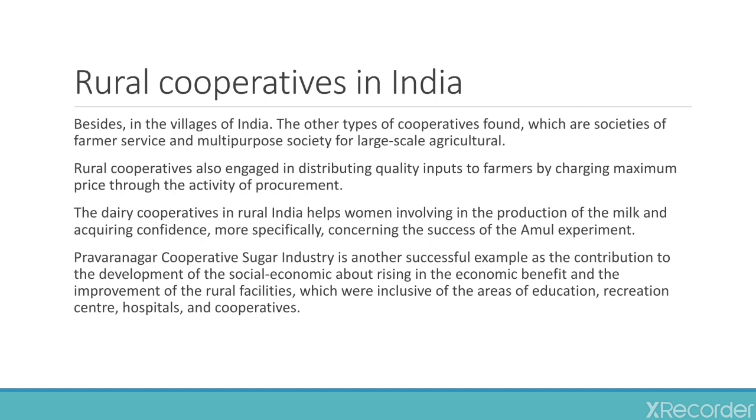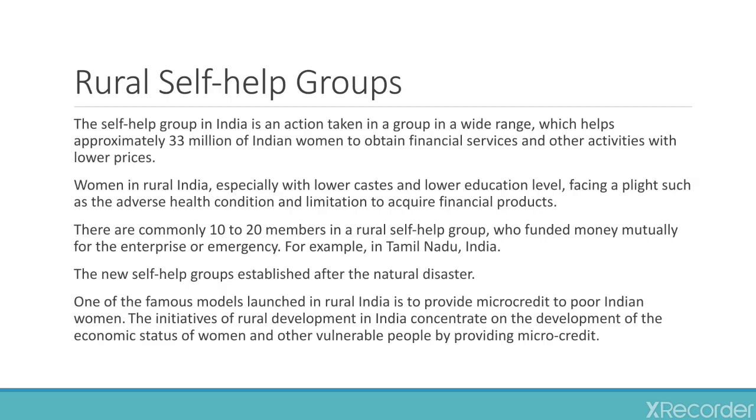Pavaranagar Cooperative Sugar Industry is another successful example, as its contribution to socio-economic development is rising in economic benefits and the improvement of rural social facilities, which include education, recreation centers, hospitals and cooperatives.